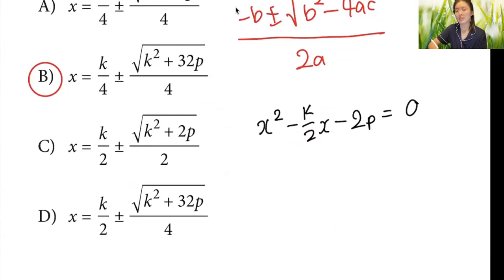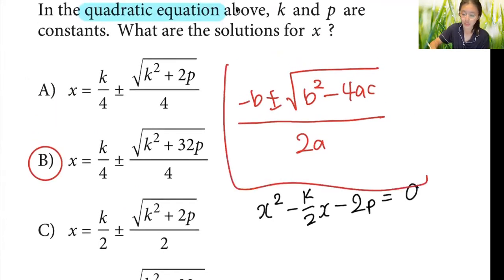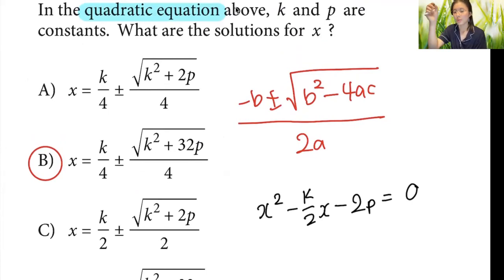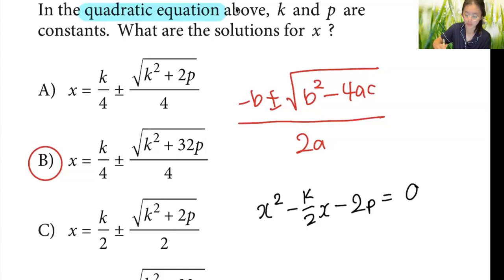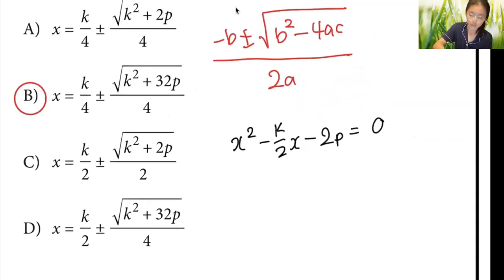Another thing to keep in mind is that if you have fractions in your quadratic equation, you can technically work with them. It's just that with the quadratic formula itself being a fraction, it's going to be extremely hard for you to put a fraction in a fraction. So what you would ideally want to do is multiply the whole thing by 2.